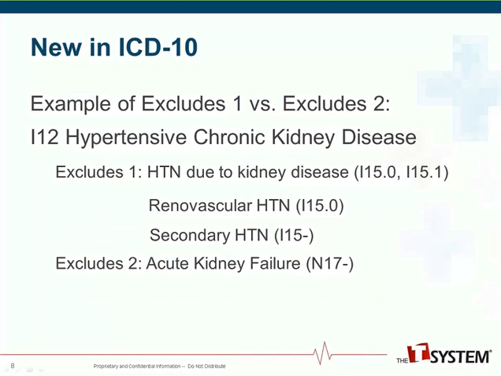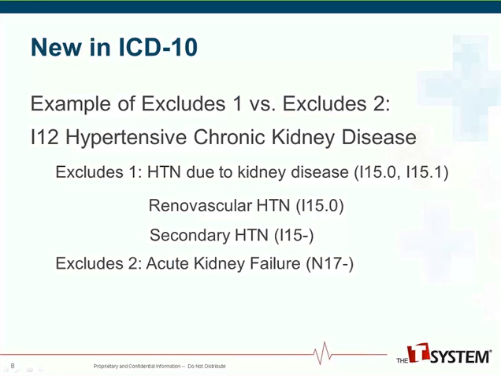So here's an example of a code that has Excludes 1 and Excludes 2 in its list. I12 is the code category for hypertensive chronic kidney disease. The Excludes 1 list includes hypertension due to kidney disease, renovascular hypertension, and secondary hypertension.